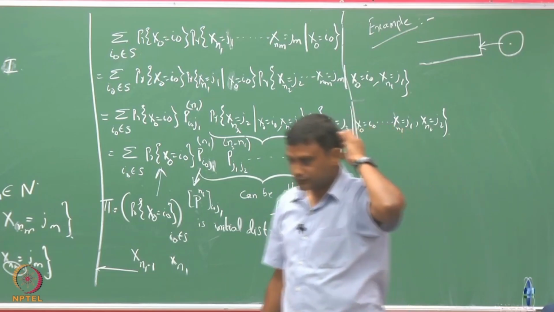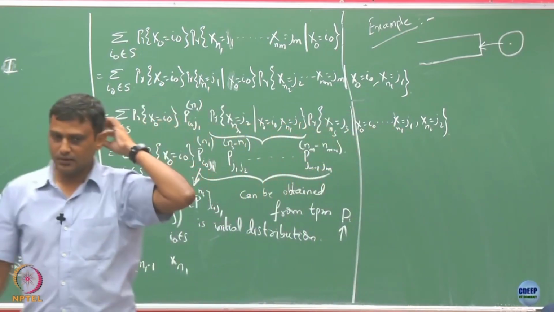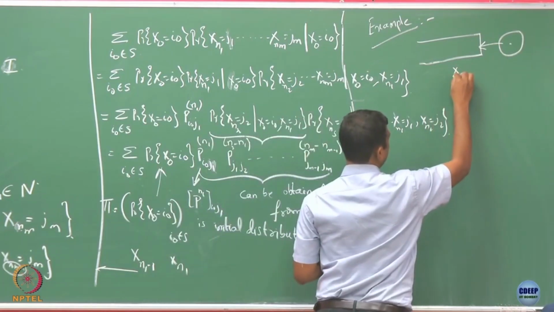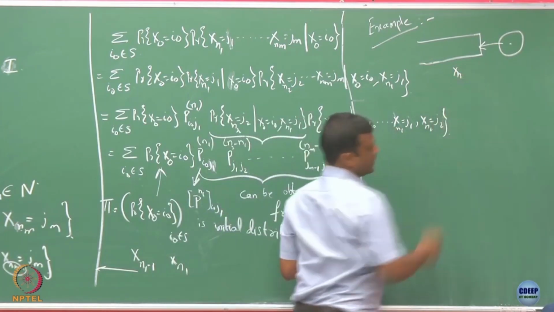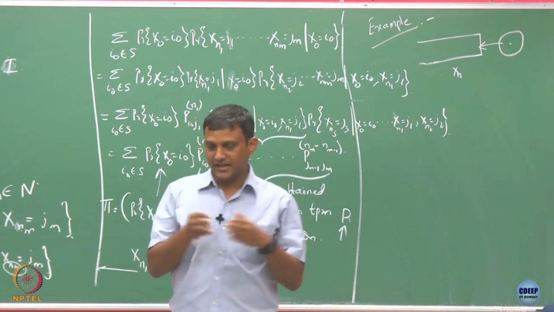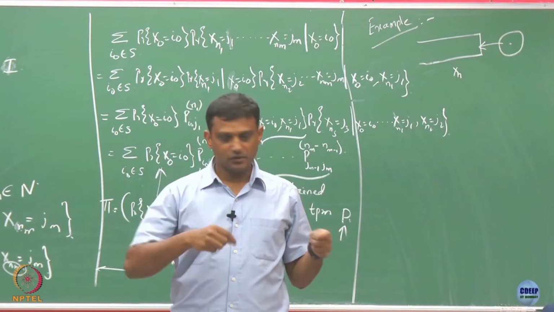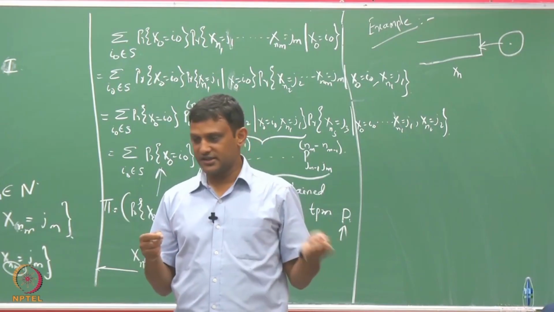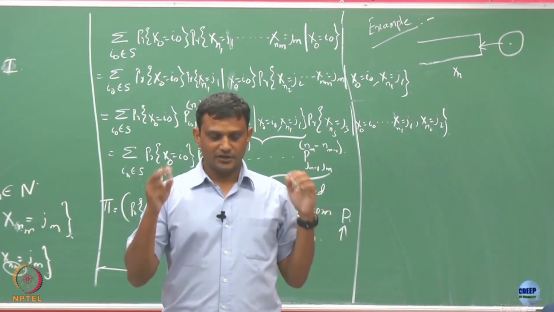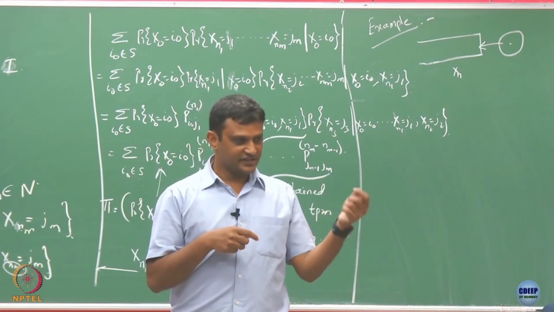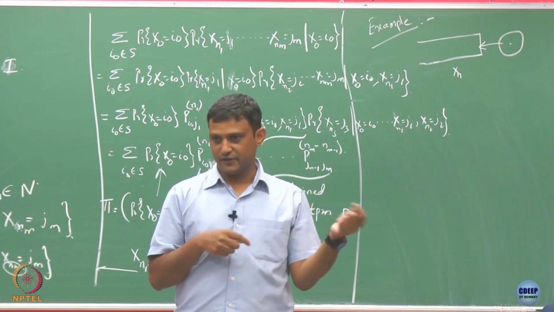Now let us say at time n, xn is going to tell you how many people are there in the queue at time slot n. How you define the time slot is up to you. You may want to count the number of people in the system every second or maybe every minute.